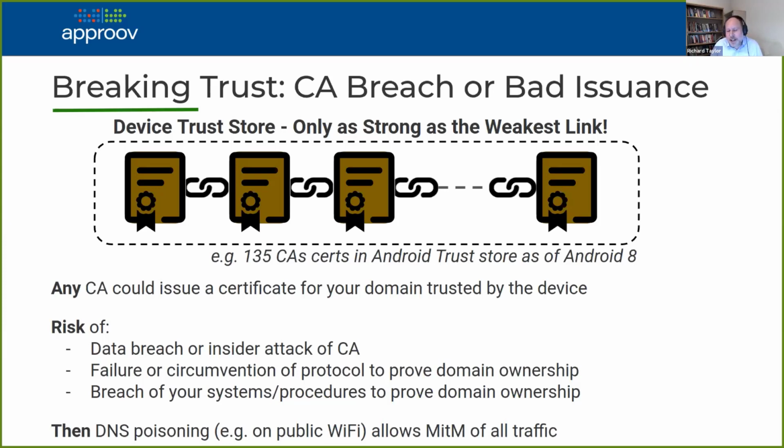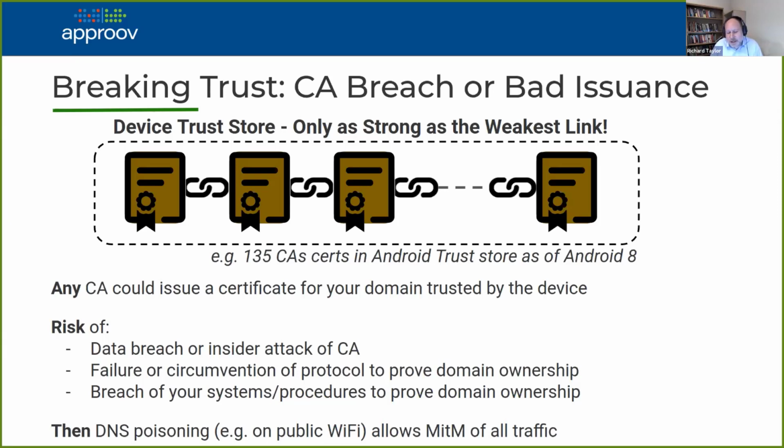And really, if any of those are broken, if there's a breach in any of those, then that could lead to a situation in which a certificate for a domain that you're connecting to could have an attacker certificate incorrectly issued. So basically, the trust is only as strong as the weakest link there.